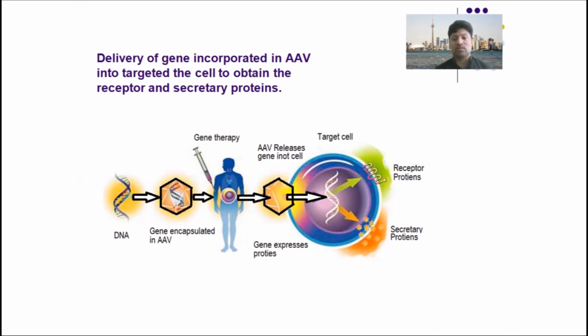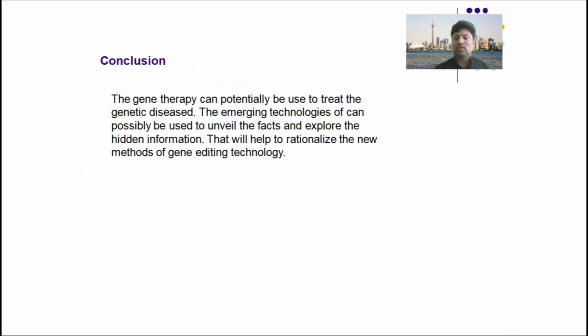When it is injected into the individual, the adeno-associated virus releases the gene into the cell. That cell starts expression to produce the proteins. The proteins may be receptor proteins or secretory proteins.